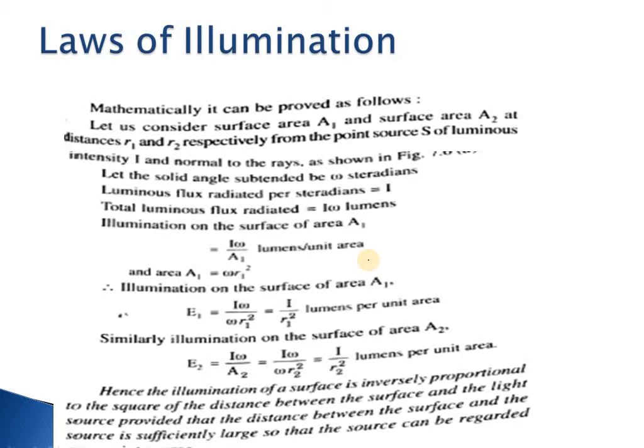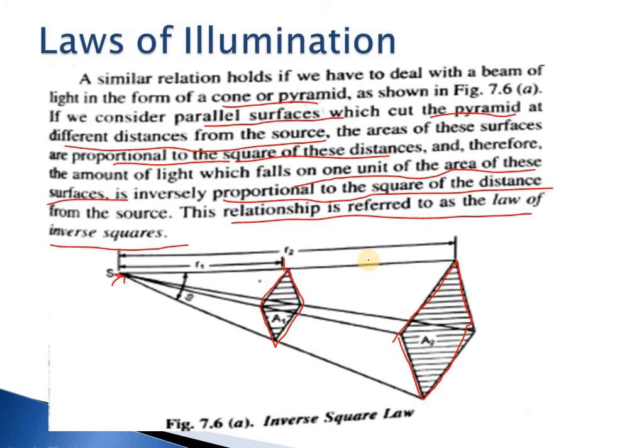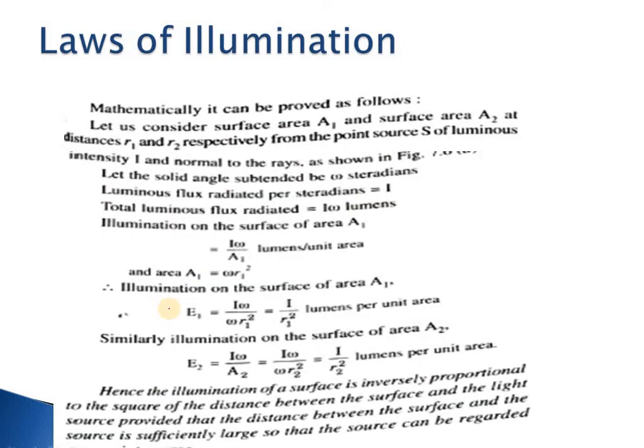Now let the solid angle subtended be omega steradian. Luminous flux radiated per steradian is I, and the total luminous flux radiated will be I into omega.